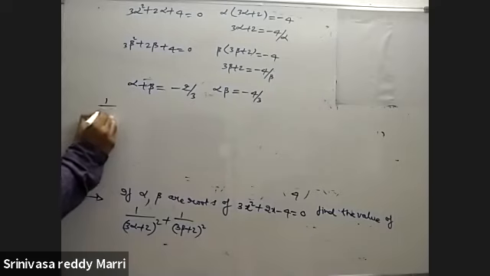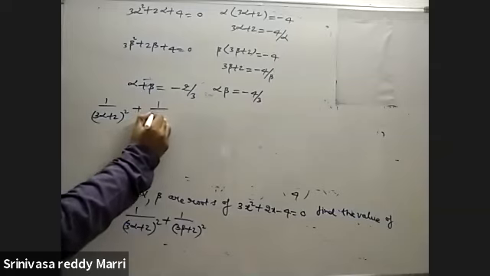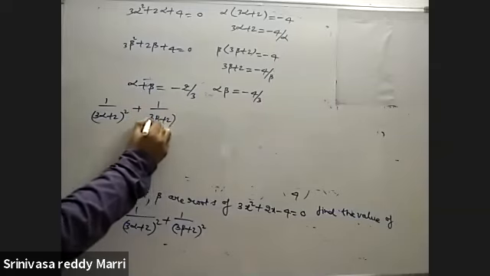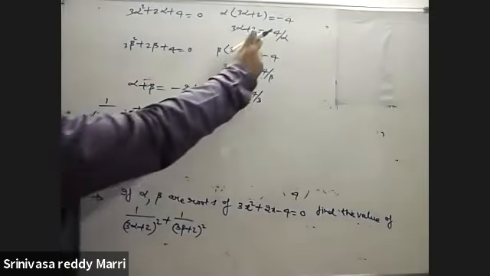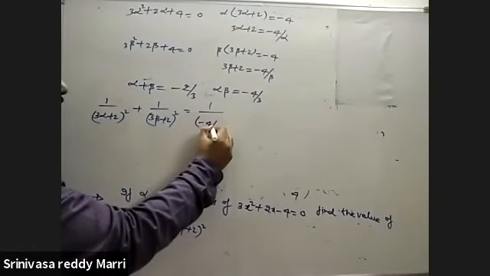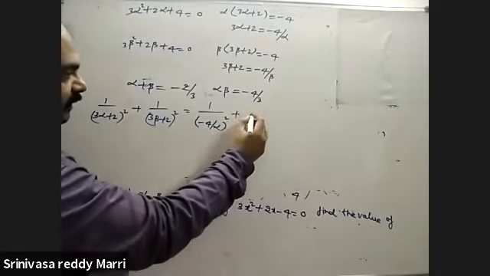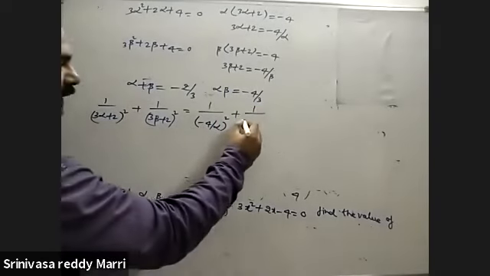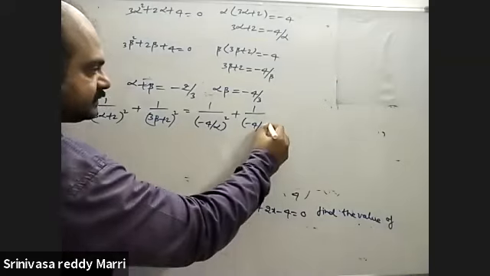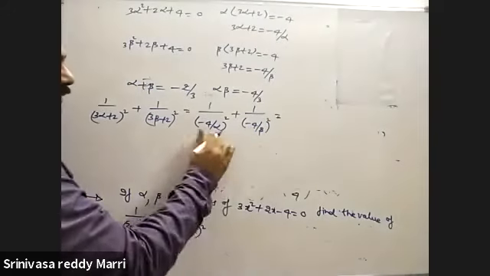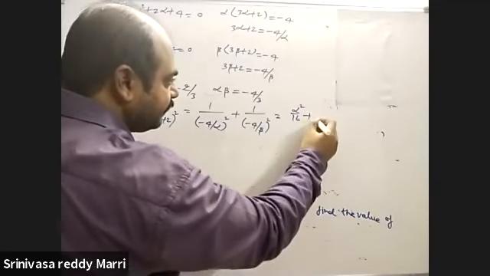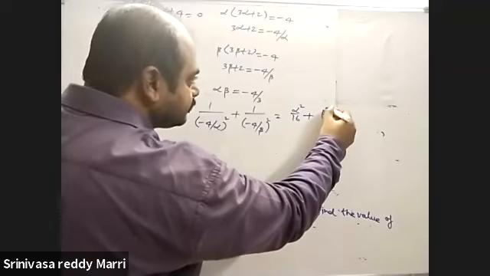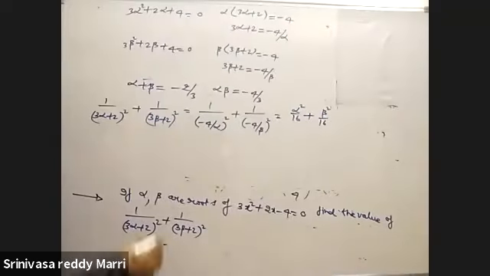Now this value you can easily calculate. 1 divided by (3 alpha plus 2) whole square, in place of that you can easily substitute minus 4 by alpha whole square. Plus 1 divided by minus 4 by beta whole square. So this comes out to be alpha square divided by 16 plus beta square divided by 16.